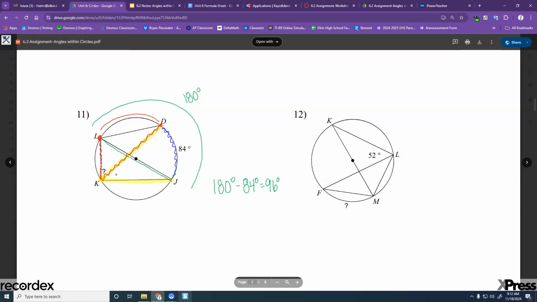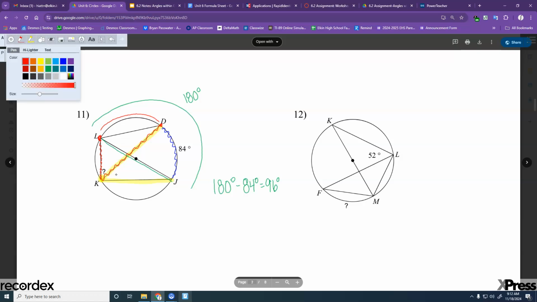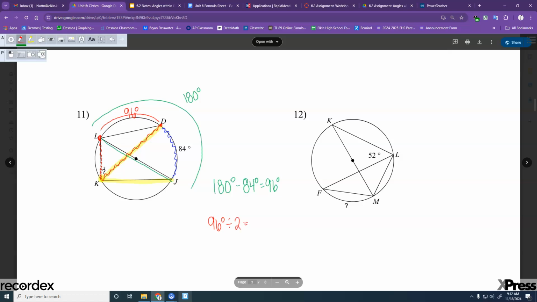So what I have marked in red right there, that is 96 degrees for the arc. They don't want the arc, they want the inscribed angle. So what should I do? Divide by 2. So 96 divided by 2. And that is 48 degrees, and that is the answer you're looking for. Okay, those are a little more complicated.